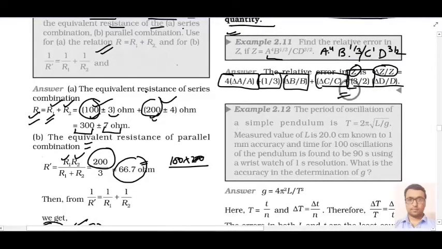So if you replace all the values you will get the answer. Here we have to find just the expression, so this will be our answer.